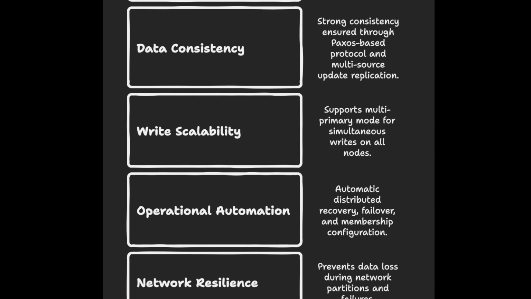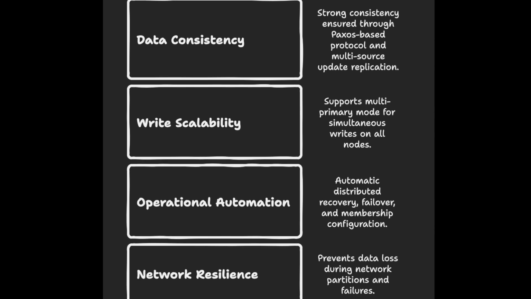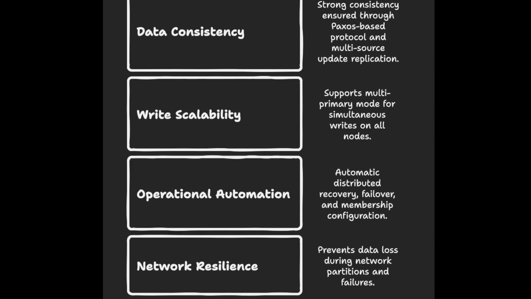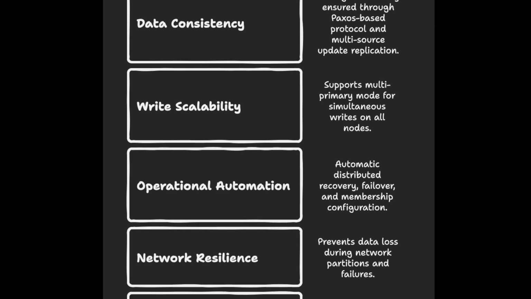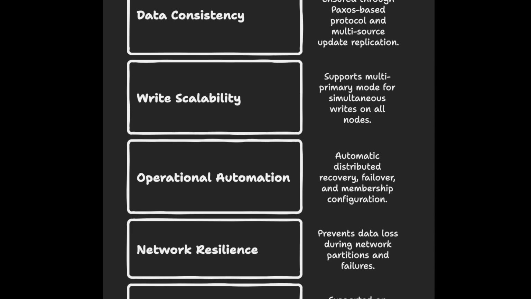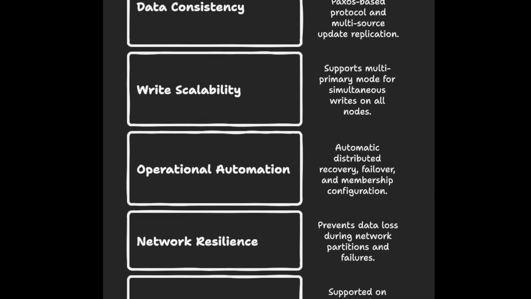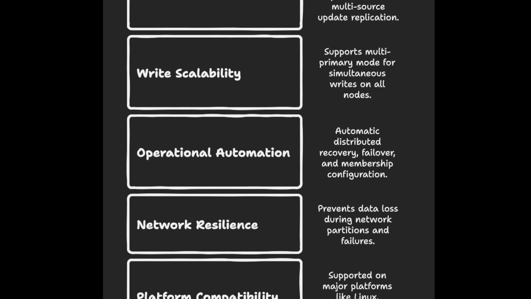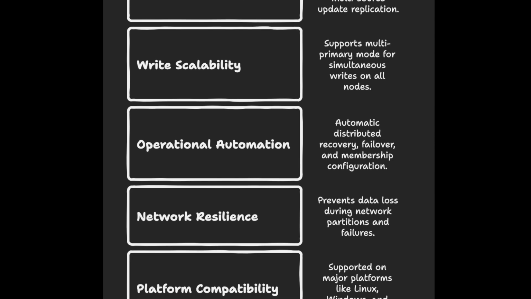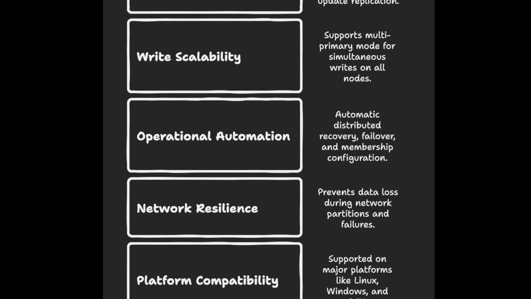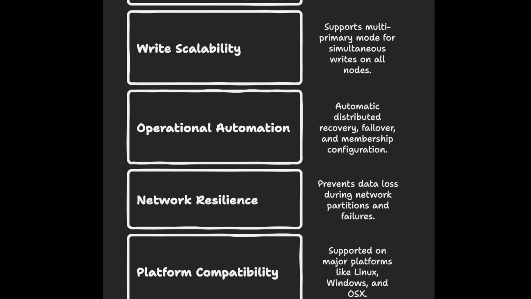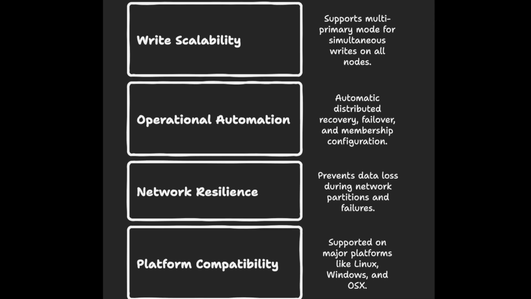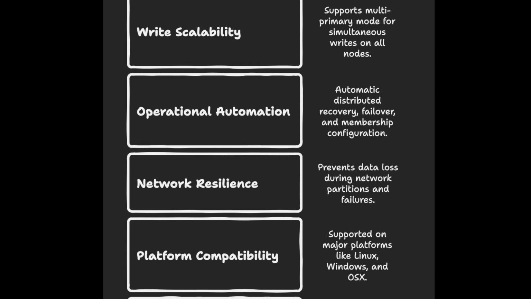That sounds really rigorous. Now, you mentioned earlier its consistency relies on a Paxos-based protocol. What's the benefit of that, especially if someone's fought data drift before? Paxos. That's crucial. It's basically a super robust distributed consensus algorithm, like a voting system. A voting system for data. In a way, yeah. Every change has to be effectively voted on and agreed upon by a majority of the servers in the group before it's actually committed.